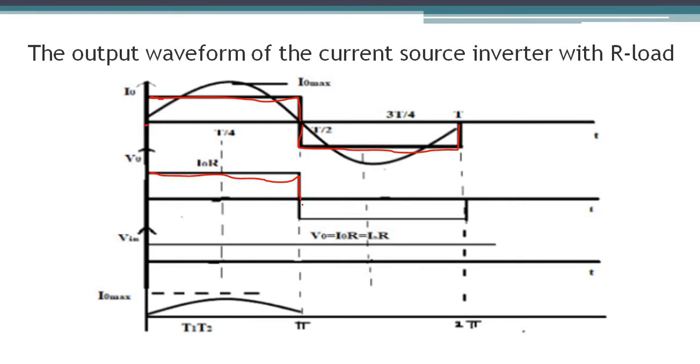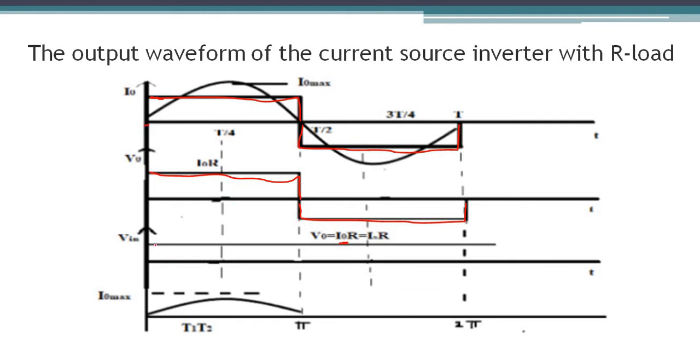V0 is equal to I0 into R, and I0 is minus Is, so the same waveform will resemble here. Finally, at the output terminal we get the alternating current. This will give the I0 maximum. The current source is unidirectional, no matter the output voltage.